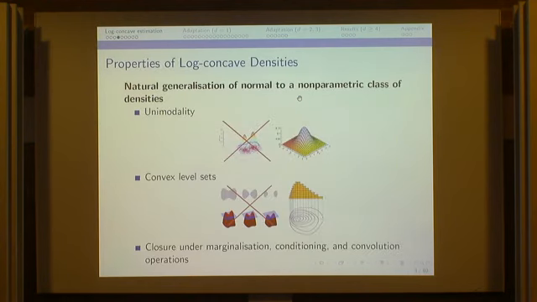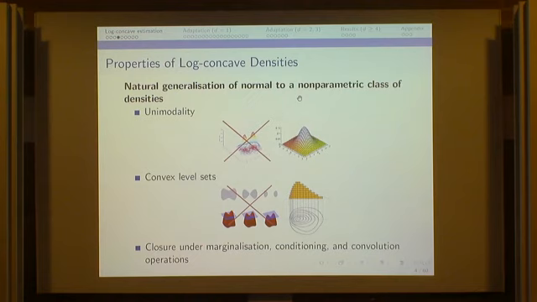In addition, this class of log-concave densities satisfies a lot of good properties, which are properties of the normal class. For instance, all log-concave densities are unimodal, so they have only one mode. And log-concave densities have convex level sets. So if you chop the density horizontally, the cross-section is a convex set.